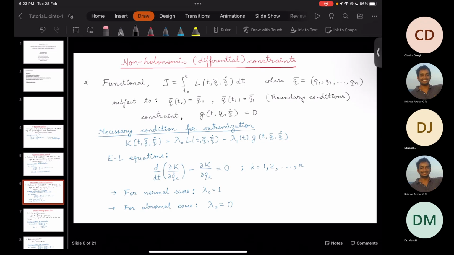The thing to notice here is that the constraint in this case also contains the derivative of the dependent variable q vector.